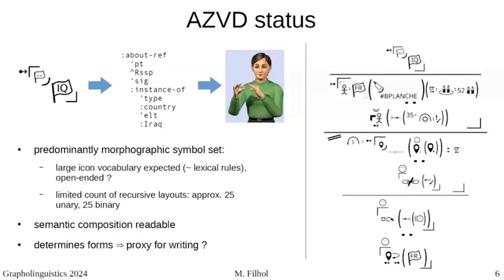This is why I'm using the term morphographic, because we do have a predominantly morphographic symbol set, because we've used the ones they would use. That's to answer a reviewer, I think, on the idea of the count. Obviously, the vocabulary of Vicon is going to be that of the vocabulary of the little language. So that's going to be a very Chinese writing system type, where you have many symbols.